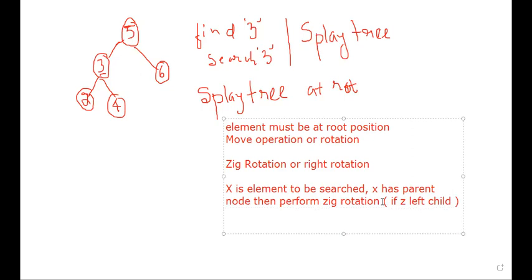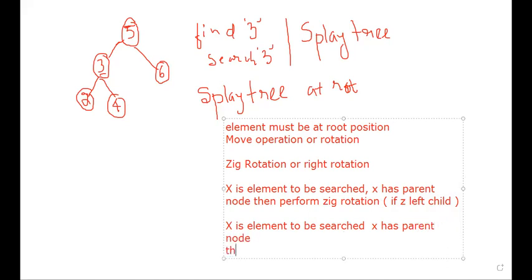In the same way, if X is the element to be searched and X has a parent node, then perform the zag rotation. This zag rotation is performed if X is on the right side.